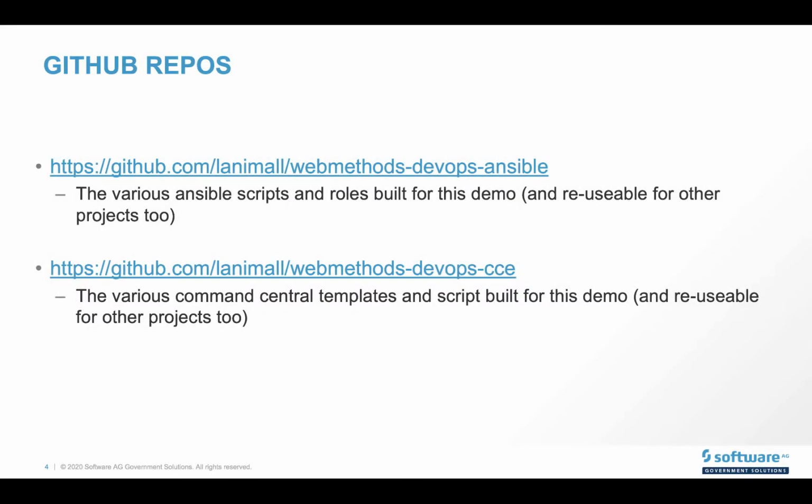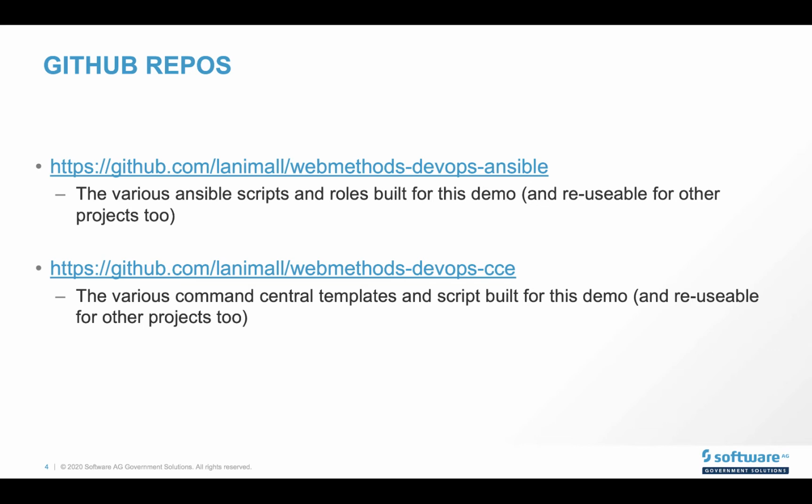Okay, before we jump into this, as promised in part 1, these are the GitHub repos with most of the critical content you'll see in this demo. First, it's an Ansible repo that contains all the Ansible playbooks and roles that I created for this.